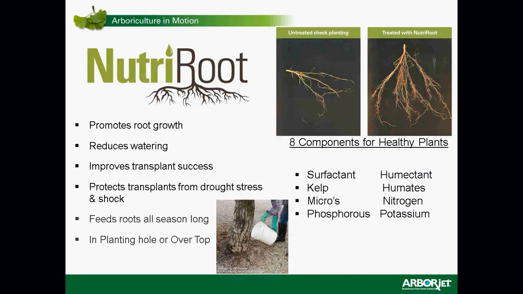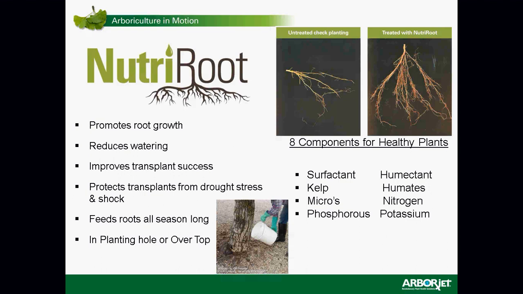And then one way to help stimulate the tree to move some of these chemicals is by watering in with NutriRoots or something like NutriRoots. Basically what it does is it gets the tree to respond. NutriRoots specifically holds the water in the root zone of the tree, so that it's always available for the tree. But also by having the kelp and some of the microbes in there, it helps stimulate the tree to start actively taking up.